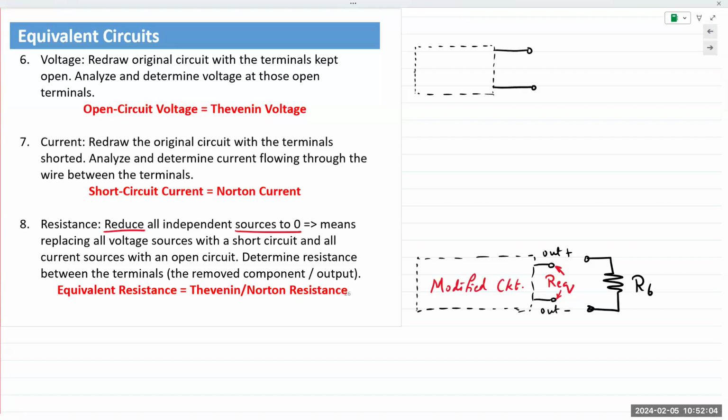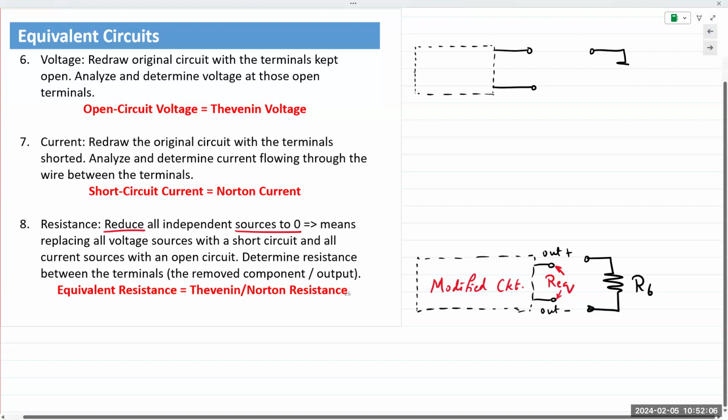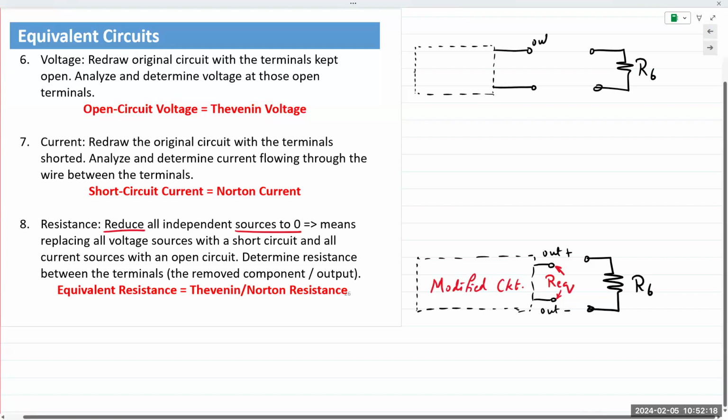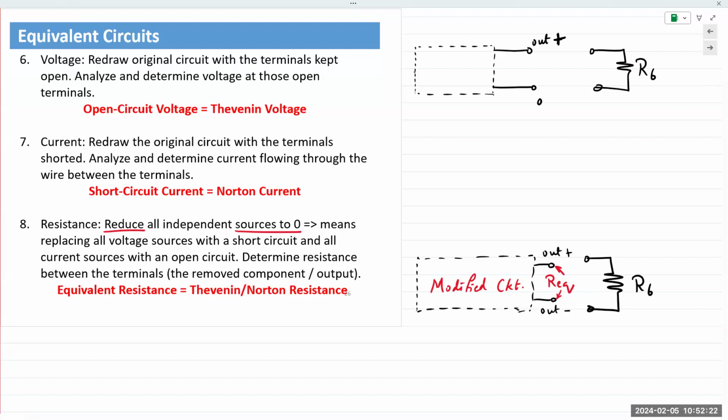I have 2 terminals coming out. This is R6. Again, R6 is not part of the analysis. We have already removed R6 from our circuit. Out plus, out minus. There's actually no modification done from this point on.